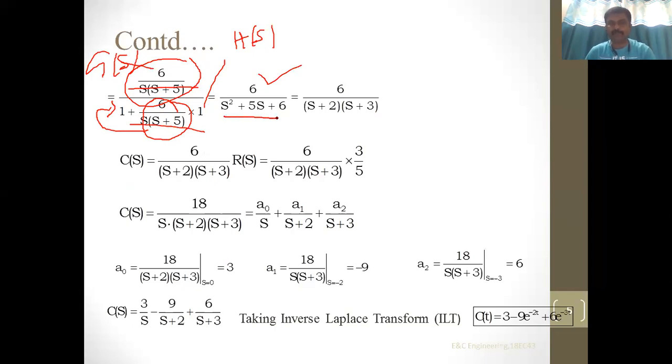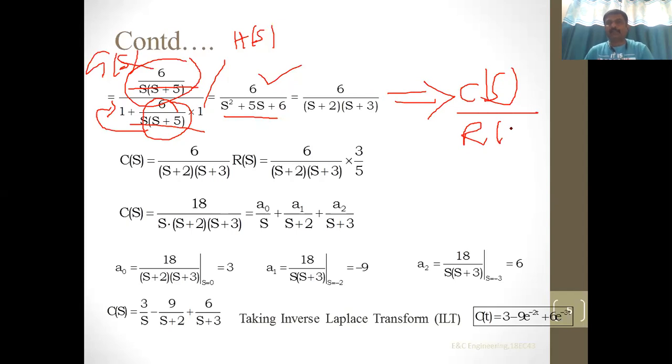Thereby it takes the form S square plus 5S plus 6. Next step, this output we have obtained is the total C of S by R of S, the closed loop transfer function.